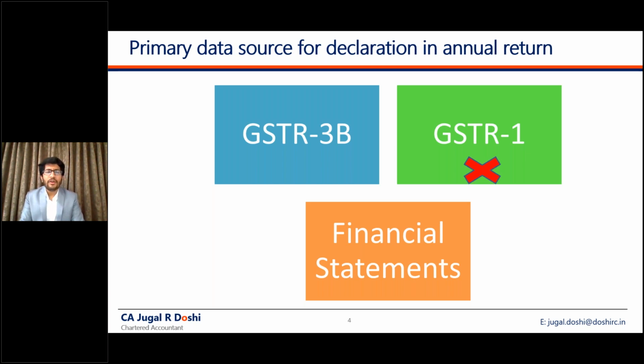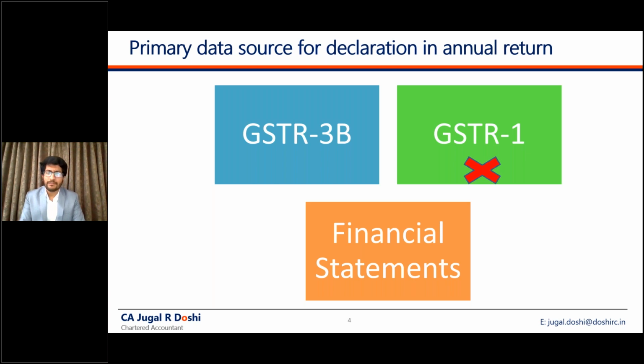Now I am going to use financial statements as my primary data source for filling GSTR9. But at the same time, I am going to use data from GSTR3B to decide in which table of GSTR9 I am going to fill the data.